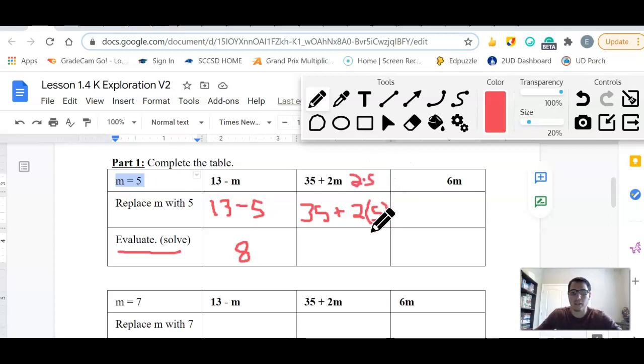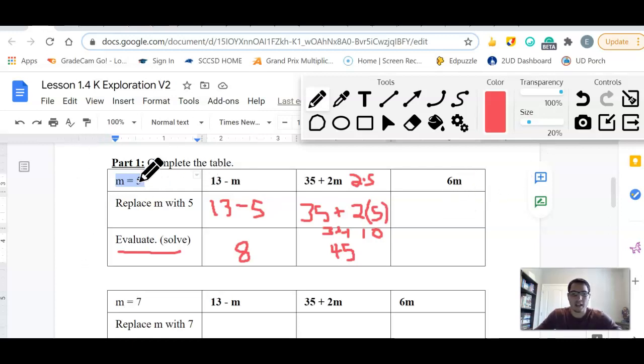Okay? So now evaluating for that, use the order of operations. Multiplication comes before adding. So 2 times 5 is 10, plus 35 is 45. The answer is 45 there.